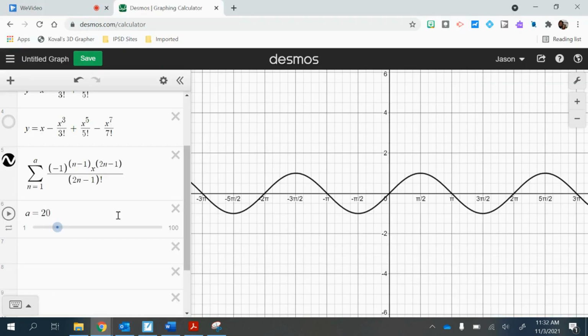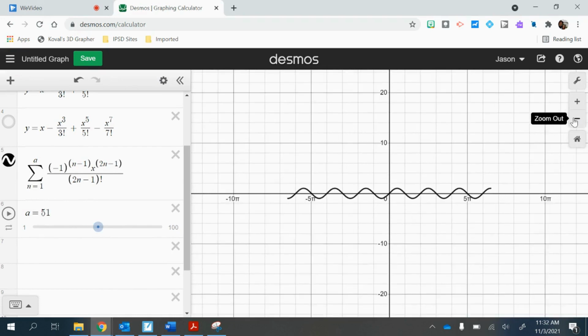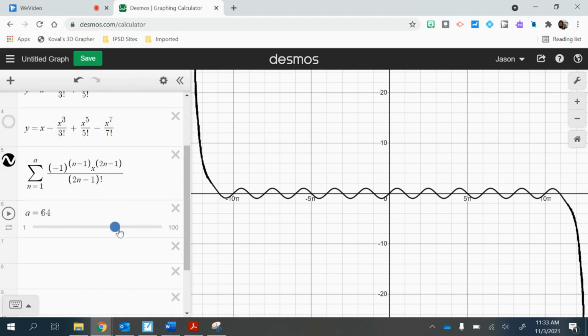If I go back to this and keep adding more and more terms, it looks like it keeps mimicking this for a very long time, and then it stops. Well, if I add more terms, it's going to mimic it even longer. It just takes a while for Desmos to figure it out.